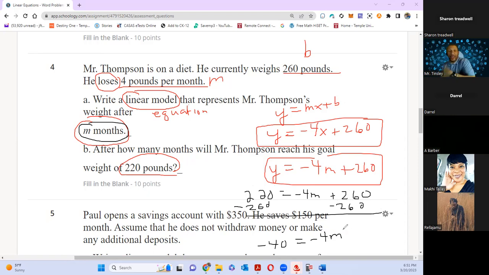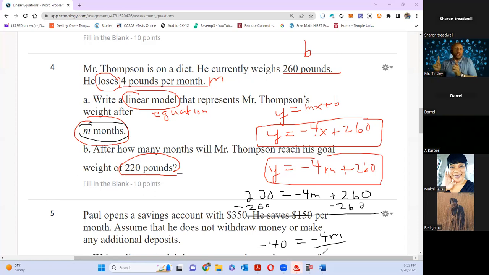In order to get the m by itself, what do I need to do? Divide by what? If I ask the same question multiple times, you are wrong.